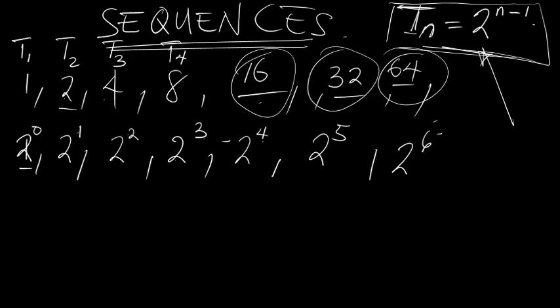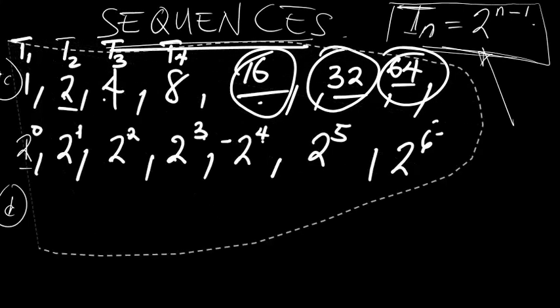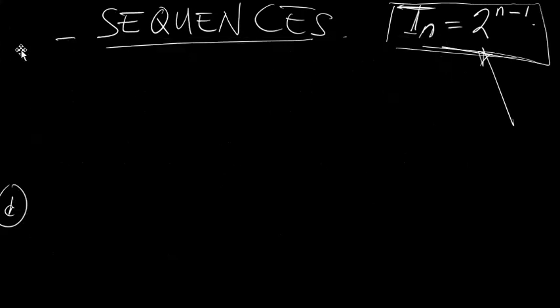Now let's look at another one. Let's say this is C. We have a D part of the question.